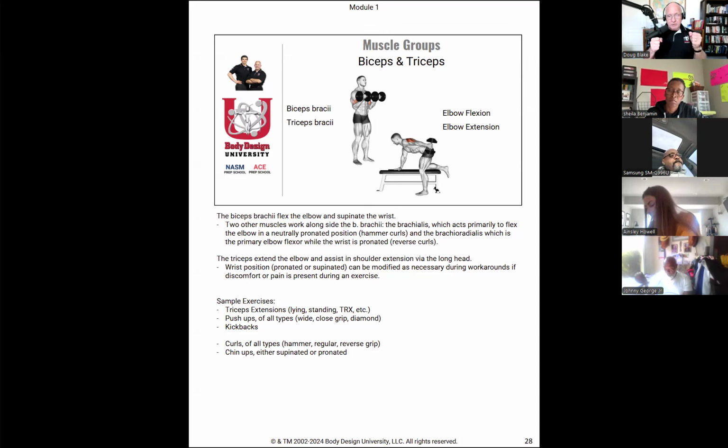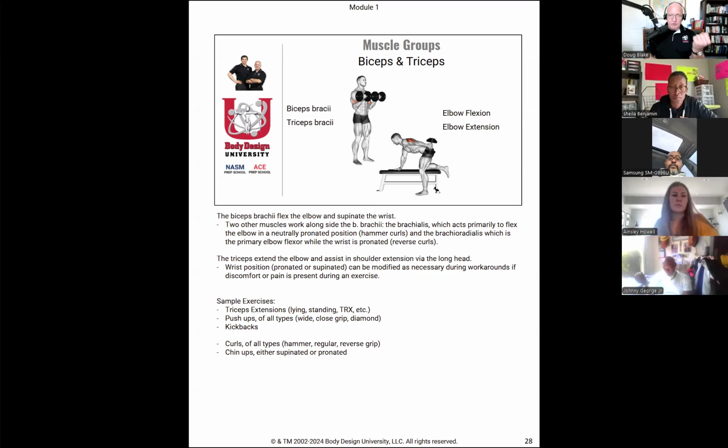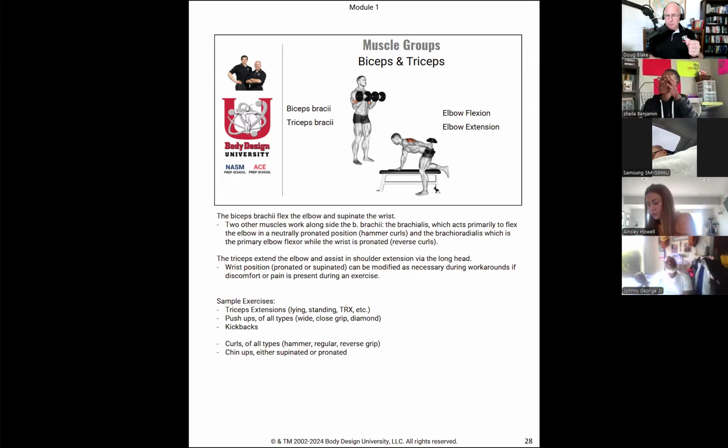In other words, I can use much heavier weights in a hammer curl than I can in a regular standard supinated curl. You get that? Yes? So you go into this neutrally pronated position. Now, technically, the brachialis muscle and the brachioradialis muscle are more active in this neutrally pronated position.